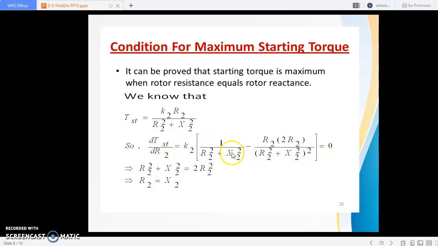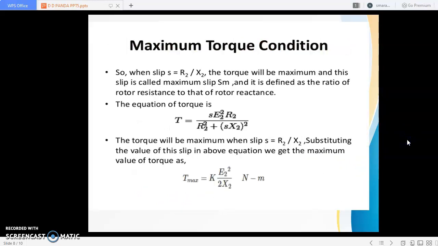Here we have done the derivation, which becomes K2 by taking outside, 1 by R2 square plus X2 square minus R2 whole into 2R2 divided by R2 square plus X2 square whole square. In the next step, we get R2 square plus X2 square is 2R2 square. By solving this equation, we get R2 equals X2, which is the condition for maximum starting torque in an induction motor.